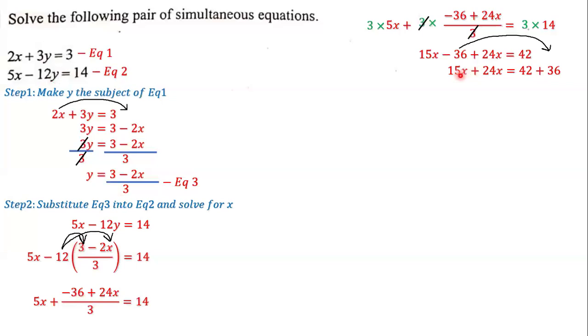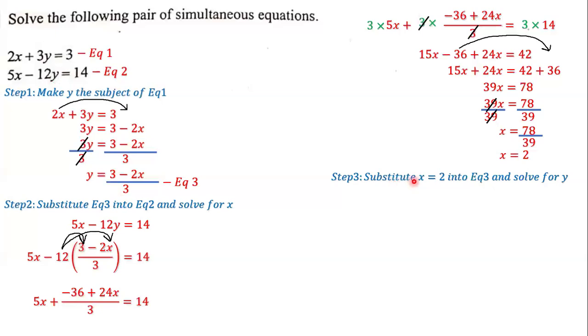So we have 15x plus 24x is equal to 42 plus 36. 42 plus 36 is 78, and 15x plus 24x is 39x. Next, we divide both sides of the equation by 39 and cancel, so x is equal to 78 divided by 39. And so x is equal to 2, because 78 divided by 39 is 2.